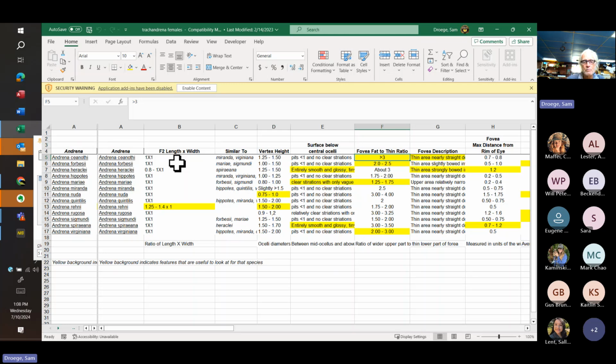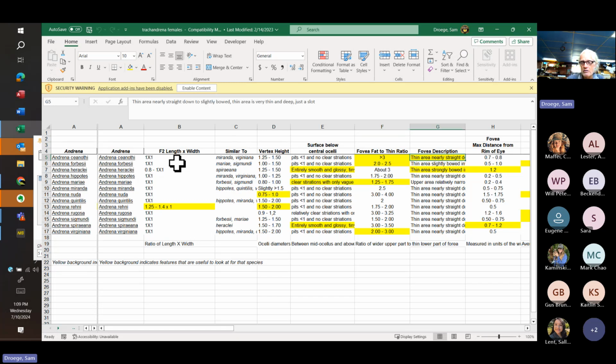In this group, you can often have, and this is an indication for this one, quite a dramatic fat to thin narrowing down, almost like a thought balloon in a way. So this one has a quite dramatic one, greater than 3.